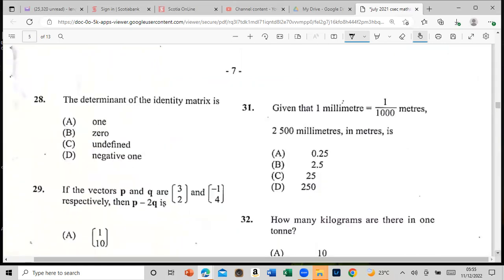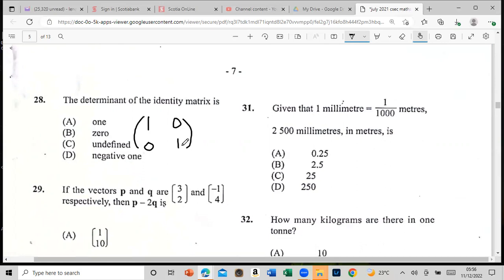The determinant of an identity matrix. What's an identity matrix? 1, 0, 0, 1. That's the identity matrix. I want the determinant.